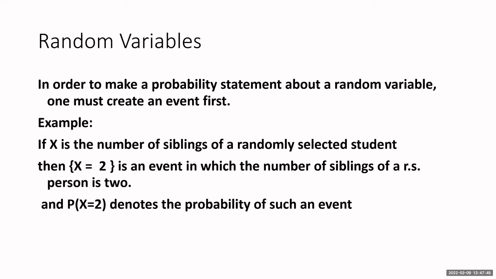To denote the probability of that event, we put capital letter P, and then in parentheses we write X equals 2. So P(X = 2) is the probability of that event.